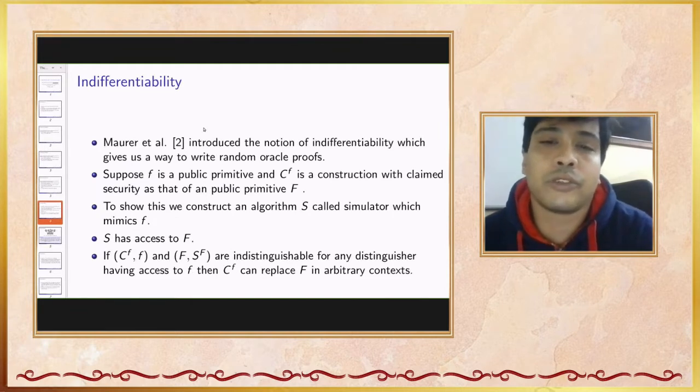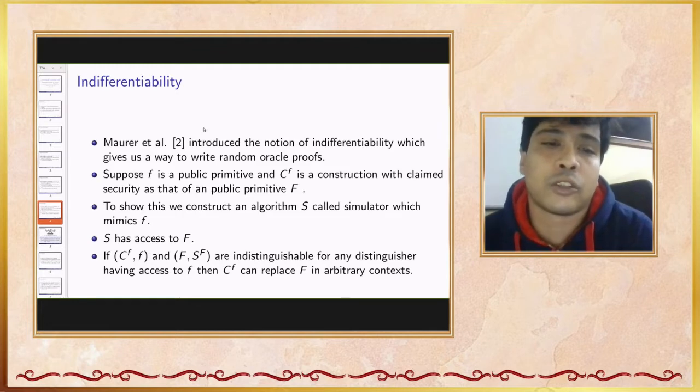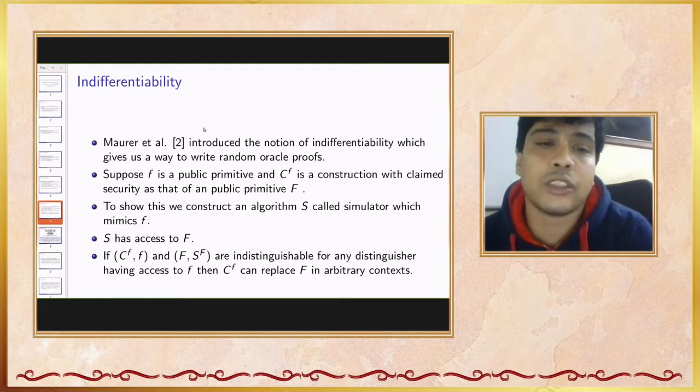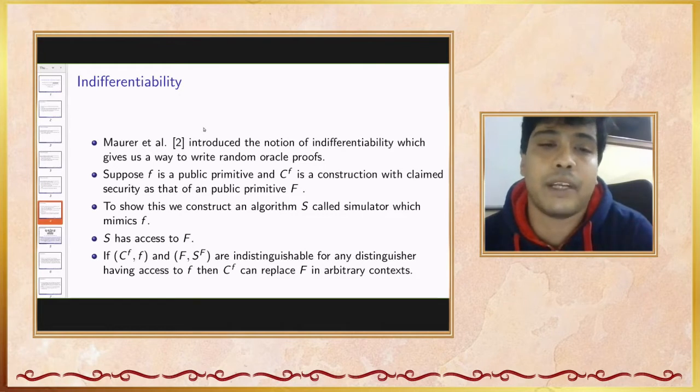Maurer et al. introduced the notion of indifferentiability, which is basically a generalized version of the usual notion of indistinguishability. Suppose small f is a public primitive and we build a construction C using small f as a building block. And then we claim that it has the same security as a public primitive capital F. To show this, we construct an algorithm capital S, which we call the simulator, which has access to capital F and which tries to mimic small f.